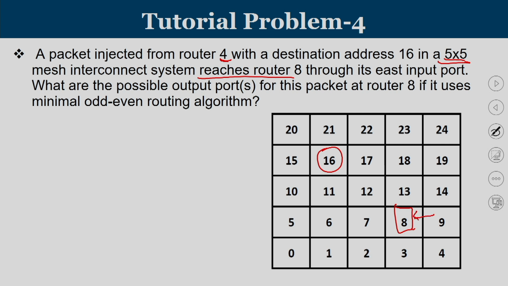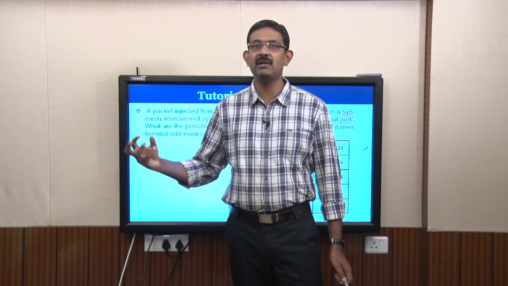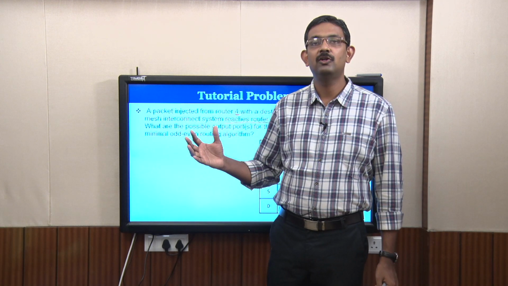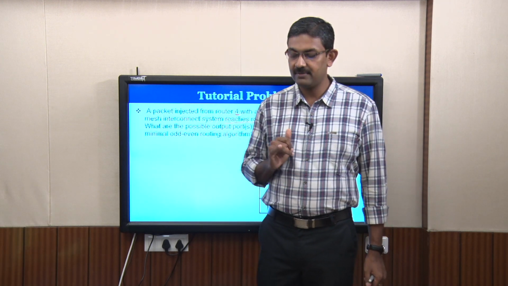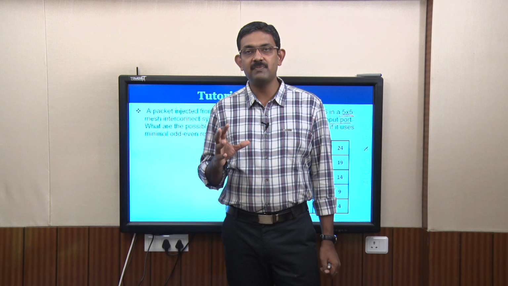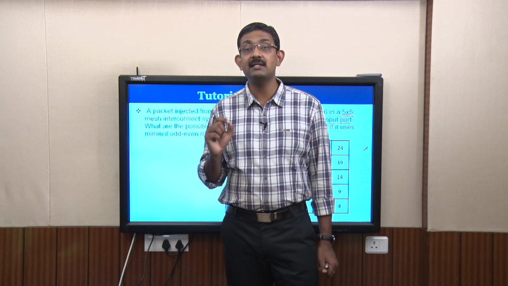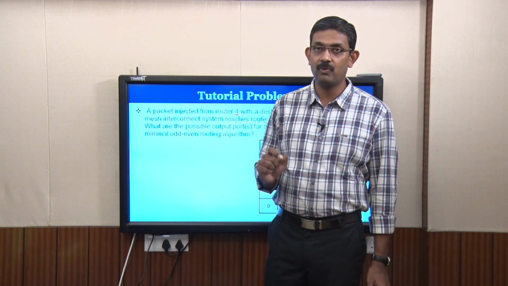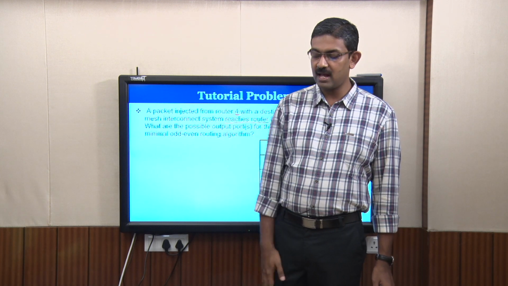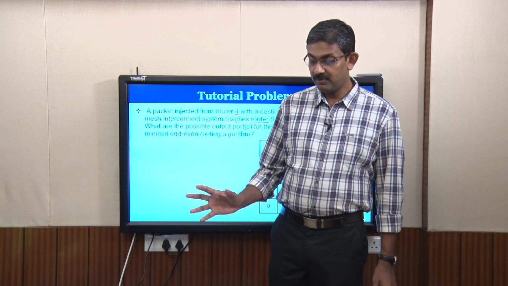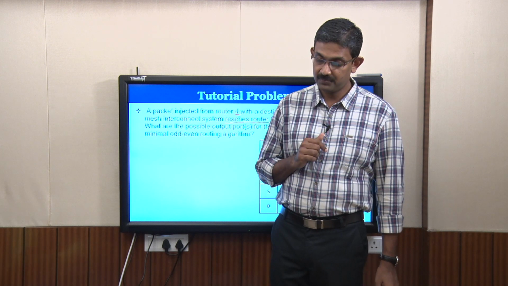It is coming through the east input port. With respect to 8, the east neighbor is 9. So, the packet is coming from 4 through 9, and it reached 8. In the question it is mentioned that the packet is coming from 4 and reaches 8 through its east input port. If this is the scenario, how are we going from 8 to 16?